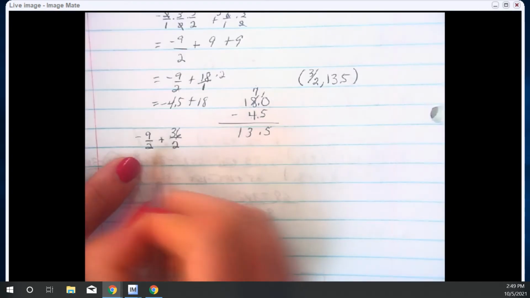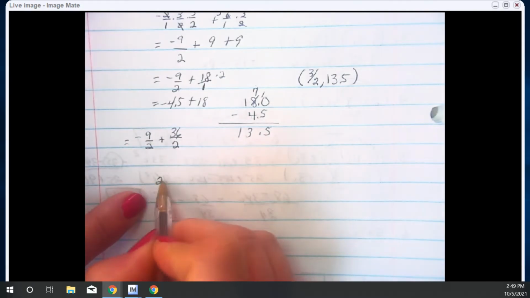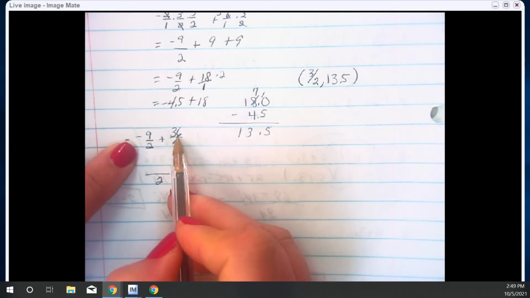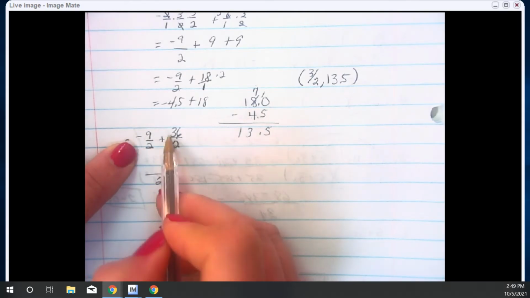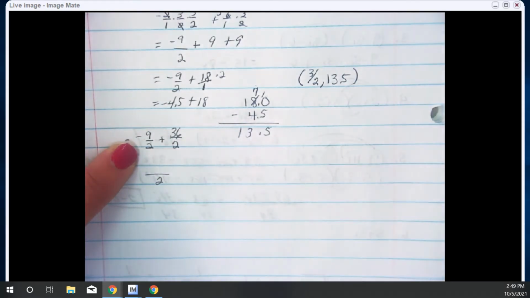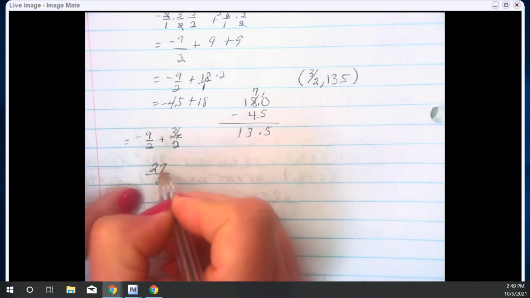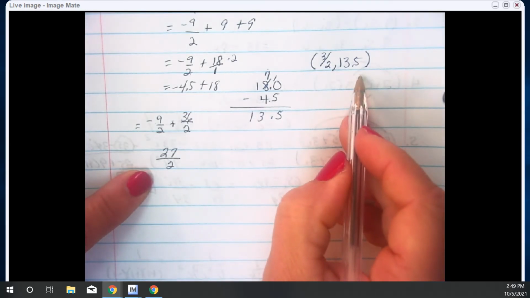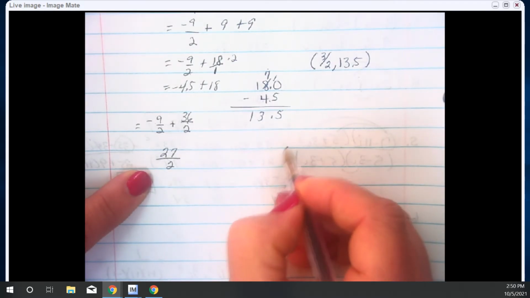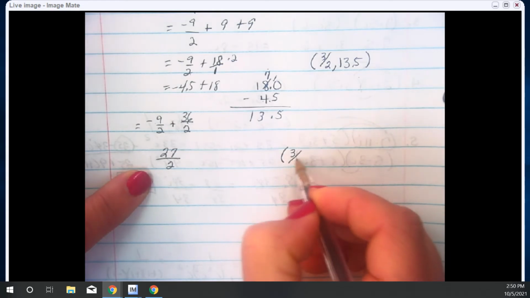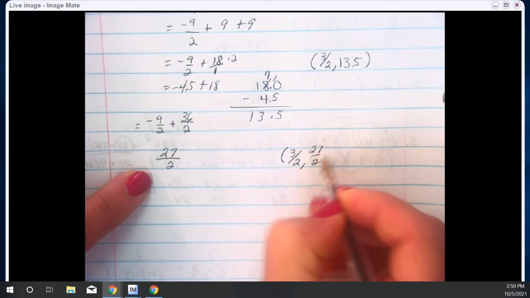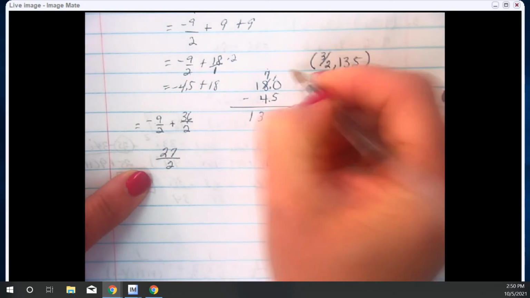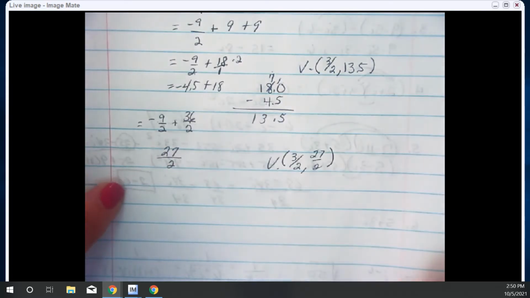When you have denominators that are the same, you keep the denominator and you add or subtract the numerator. 9 from 36, we're just going to subtract and line up. And you get 27. So one answer in decimal form is 1.5 and 13.5, or 3 halves and 13.5. The other answer in fraction form is 3 halves and 27 over 2. Both of those are exact answers and are perfectly okay.